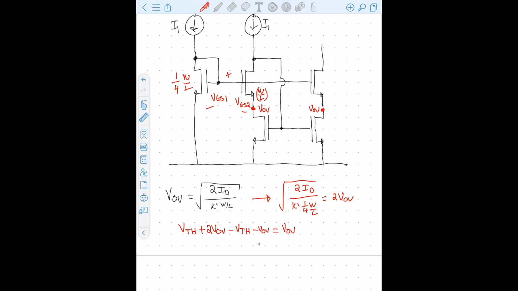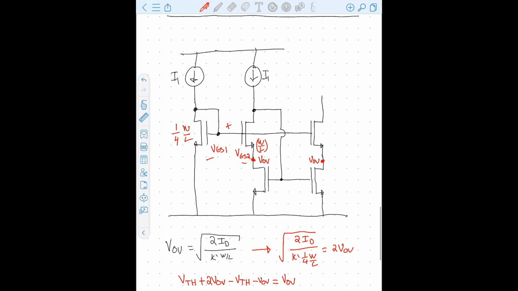And perhaps one of the most important benefits is that because this node is an overdrive, we have significantly lowered the output voltage requirement at this node right here, because now we only require 2 overdrive voltages to stay in saturation, whereas in a simple cascode, that's not the case.